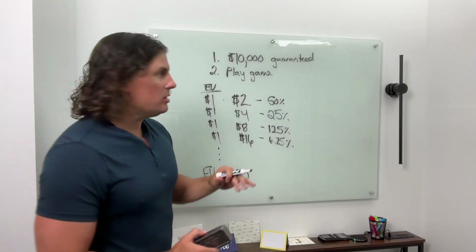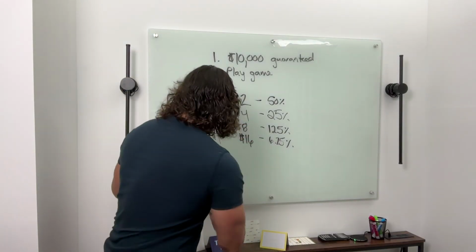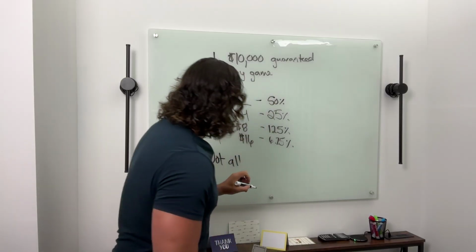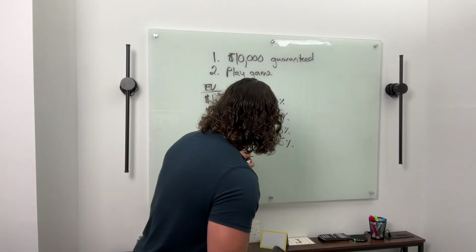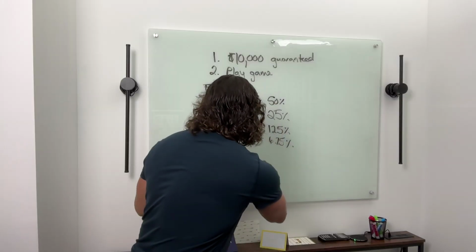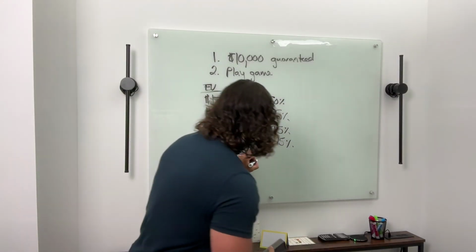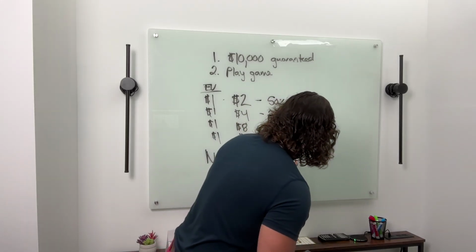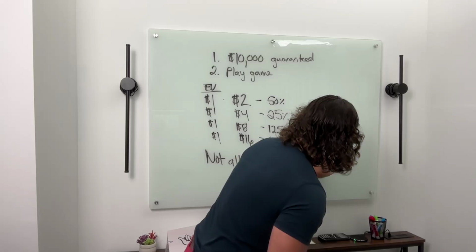And what it also gives us here is it tells me that not all money or dollars are created equal. I'm going to say money. So regardless of what currency you are in, not all money is created equal. Now, what do I mean by that?